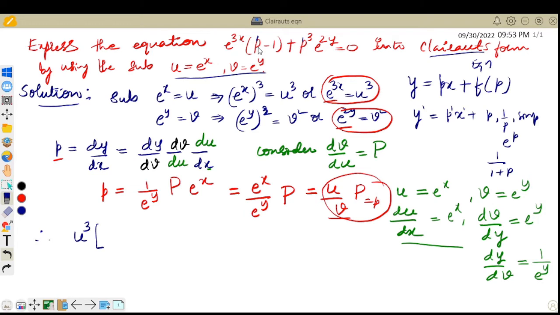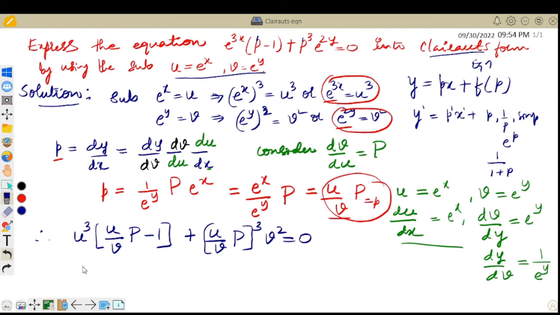What is the value of small p? Small p is u by v into capital P, minus 1, plus p cube. P cube means u by v into capital P whole cube, into e raised to 2y, which is v square, is equal to 0.